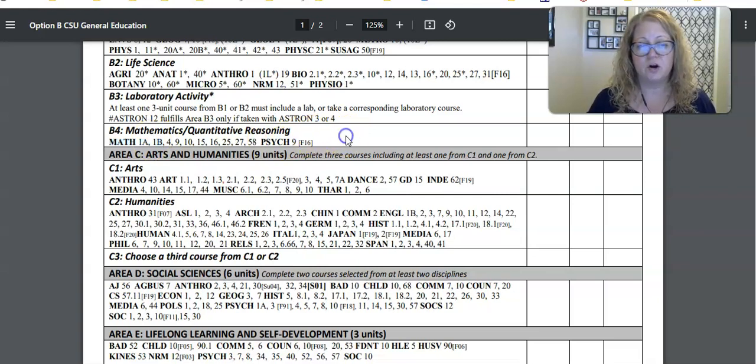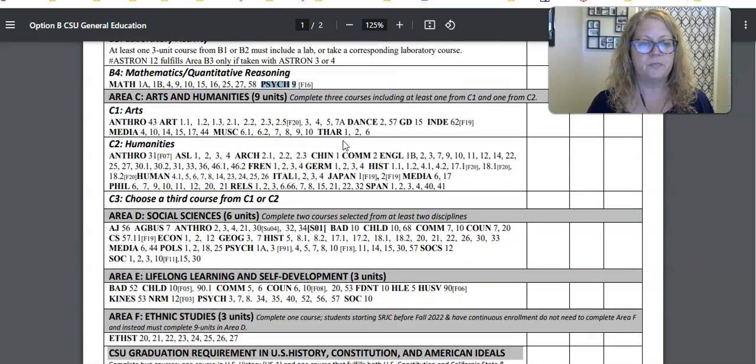If you're like an art major that doesn't care what math you take, then you just need to complete one of these math classes. Psych 9 is a statistics class that's taught in the psychology department. And it counts as a math class. So a lot of students like that because it's outside of the math department. It's outside of the math discipline. It comes at it from a different point of view.